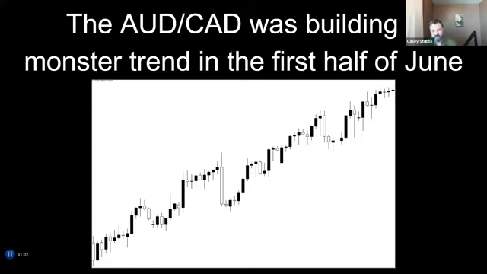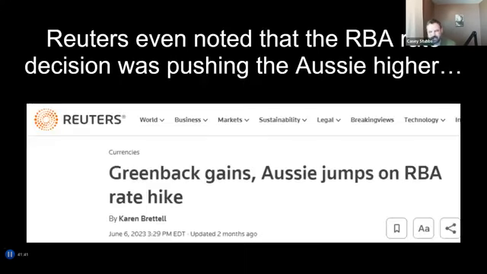Here, check out what happened on the Australian Canadian last month. The Australian Canadian was building a monster trend in the first half of June. Reuters even noted that the RBA rate decision was pushing the Aussie higher.